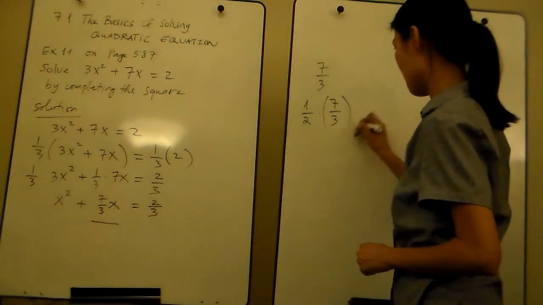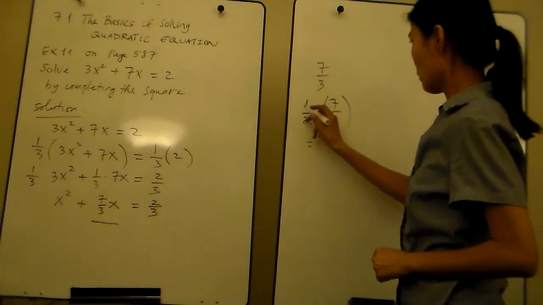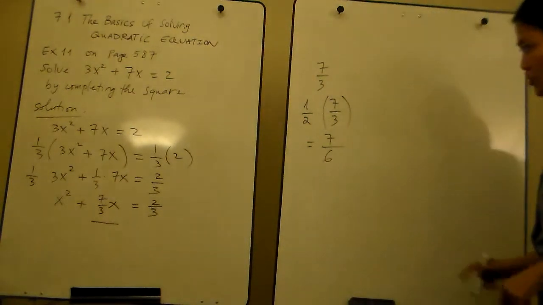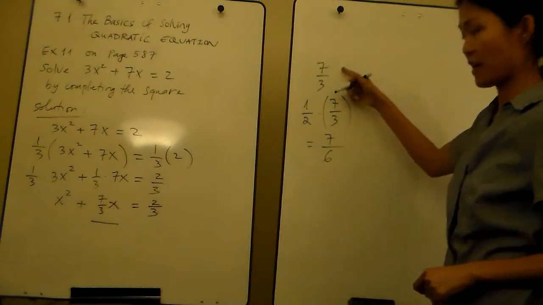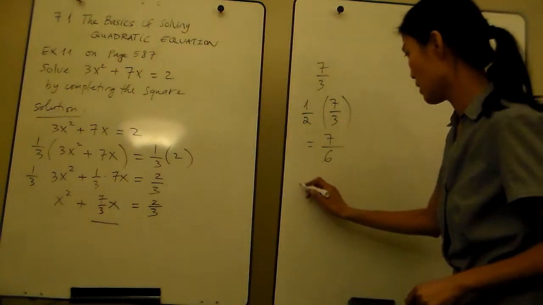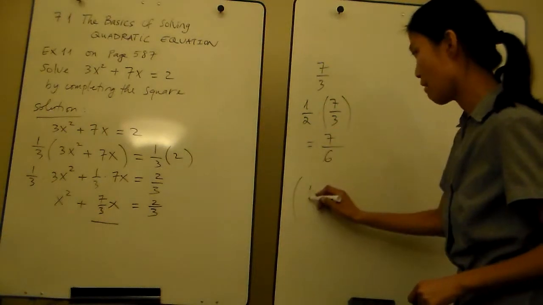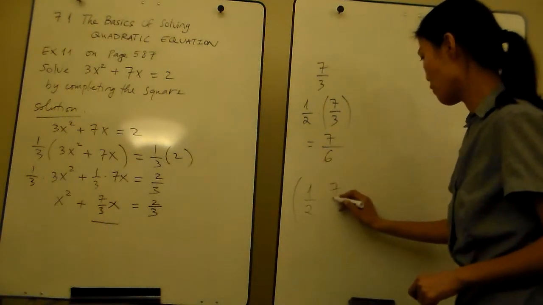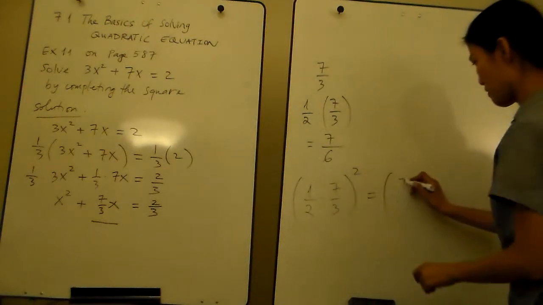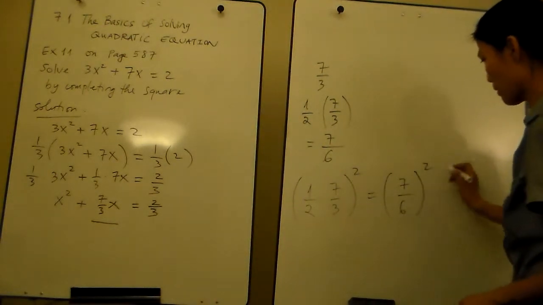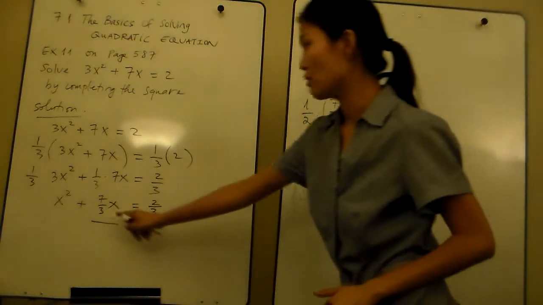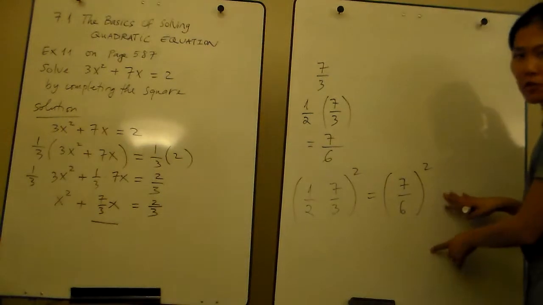So when you simplify this, you get 1 times 7 is 7, 2 times 3 is 6. Okay, so 7 over 6 is half of 7 over 3. Then you're going to square what you got. So I'm going to square this half of 7 over 3, which equals 7 over 6 squared. So you want to square this half of the coefficient of x, but you don't need to square this out.